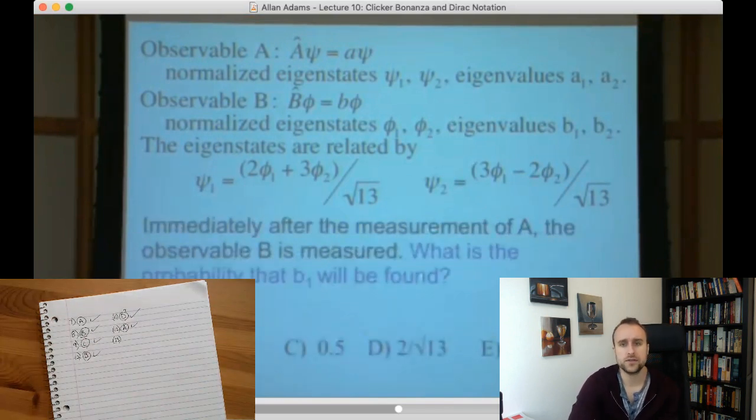Immediately after the measurement of A, the observable B is measured. What is the probability that B1 will be found?